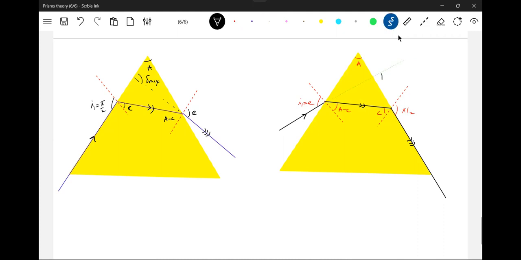Here this is a deviation. So for grazing incidence, and here grazing emergence, the deviation will be maximum.